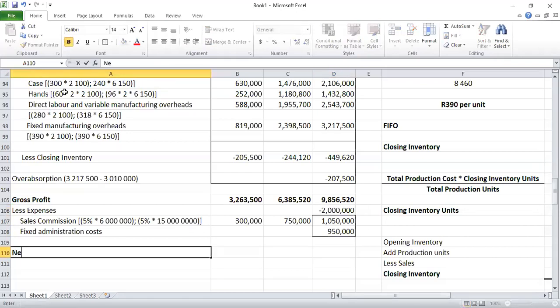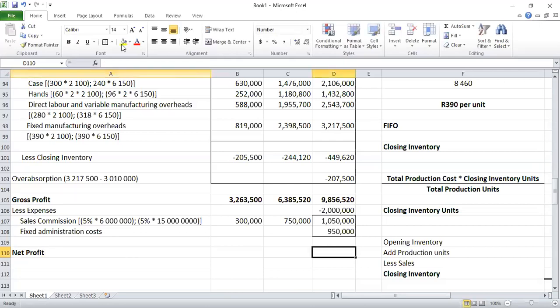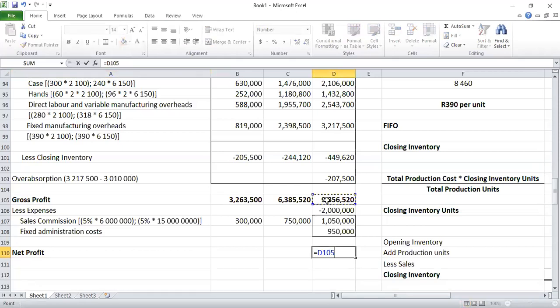Then we'll get our net profit. So that will be our net profit. Any questions?